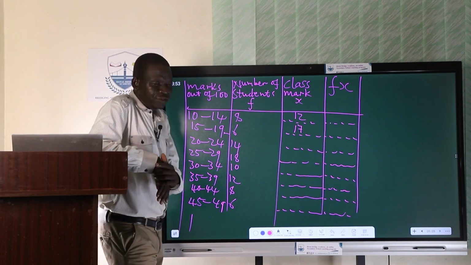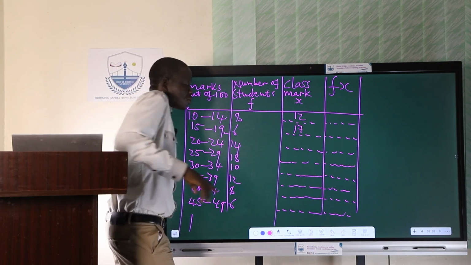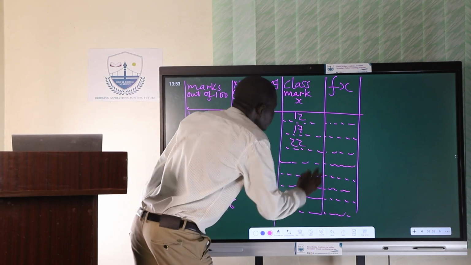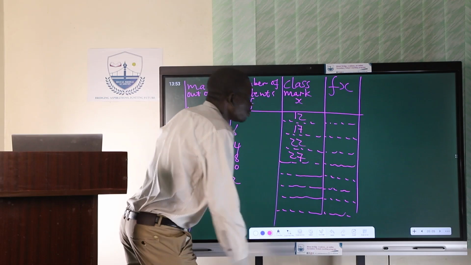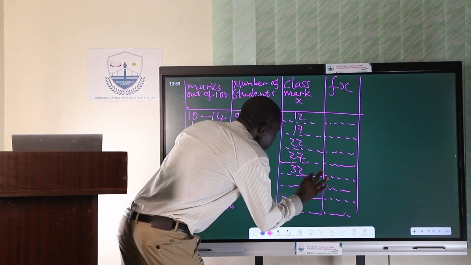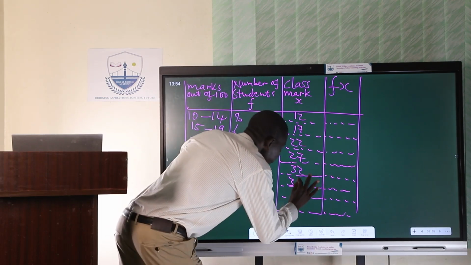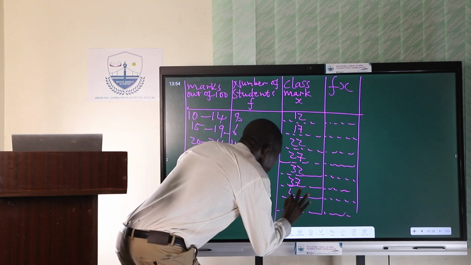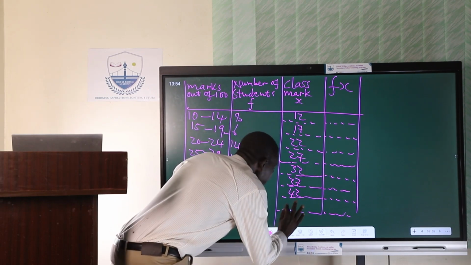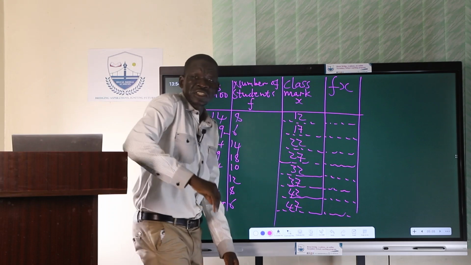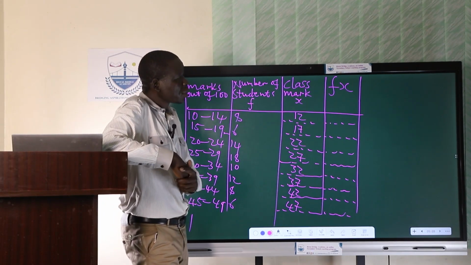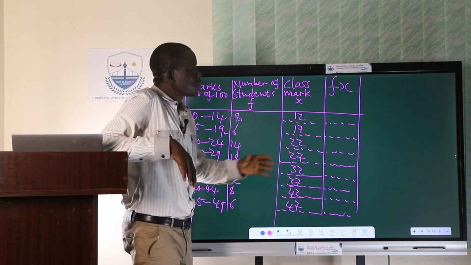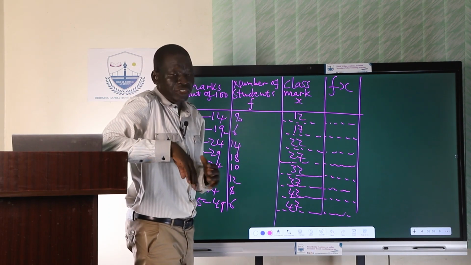So that 5, you add it to 17, you get 22. Plus 5, 27, plus 5, 32, plus 5, 37, plus 5, 42, plus 5, 47. It is just less than a minute when you have computed it. Then we can now go to fx.